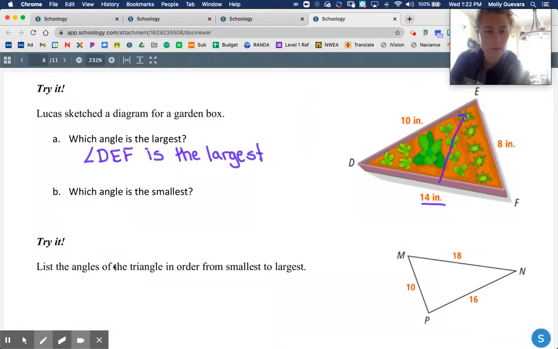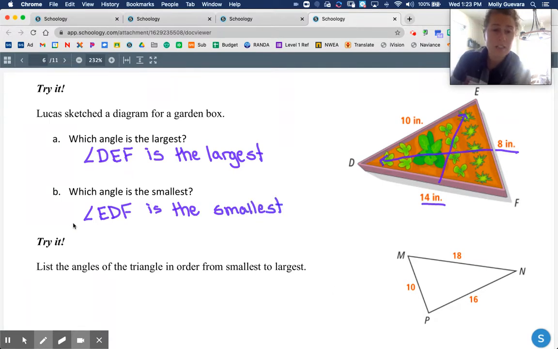Which angle is the smallest? Well, my smallest side is 8, so the angle across from that is D. So now I have angle EDF is the smallest. Again, you could have written FDE, and that would have been okay too, as long as the D is in the middle here and the E is in the middle here.